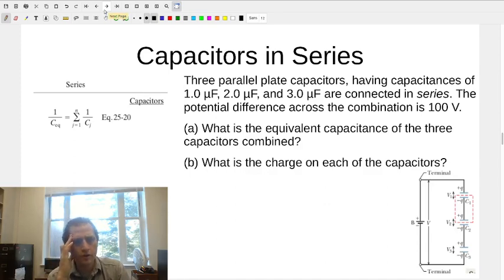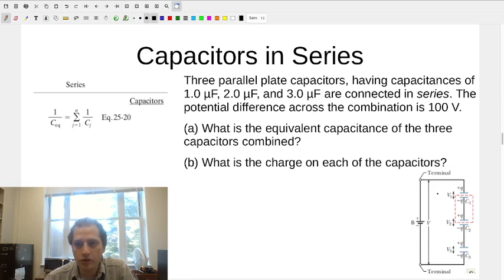Now the difference between resistors in series and capacitors in series is not a lot in terms of the concept, except instead of having current going through, you have charge that's stored on the capacitors.